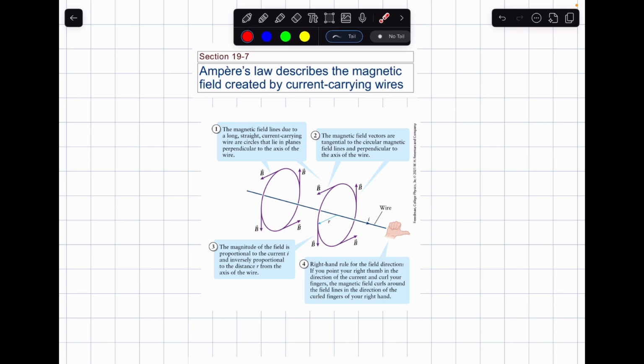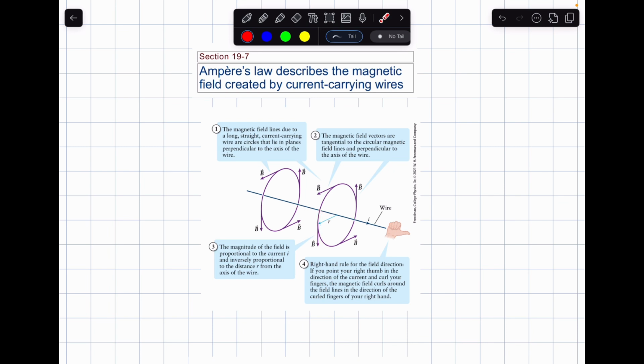So for example, in this position, the fingers are on top of the current thumb, right? And so those fingers are pointing to our left, if you're looking at the screen. If we keep curling those fingers down, we would be to the left of the thumb and the B field would point down.